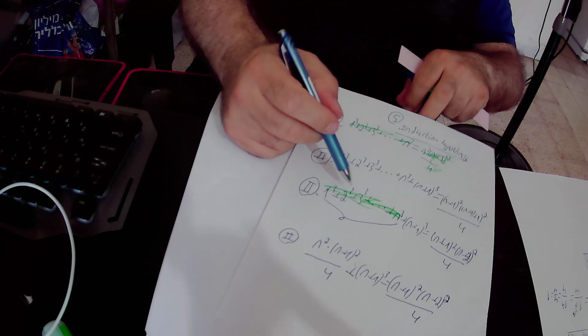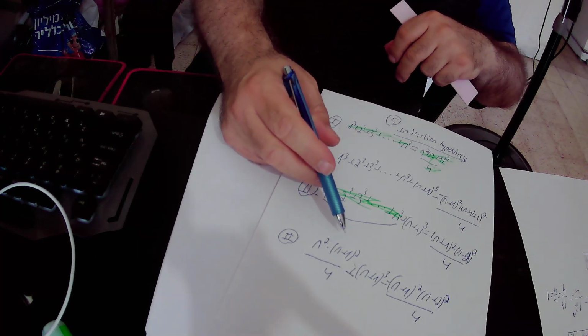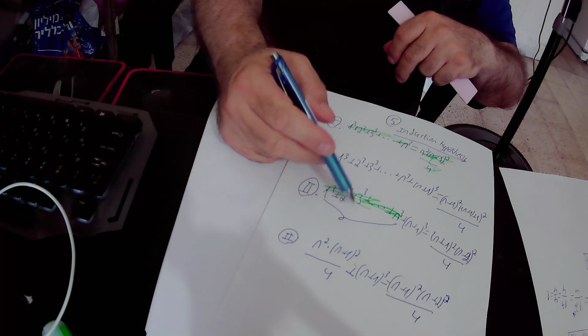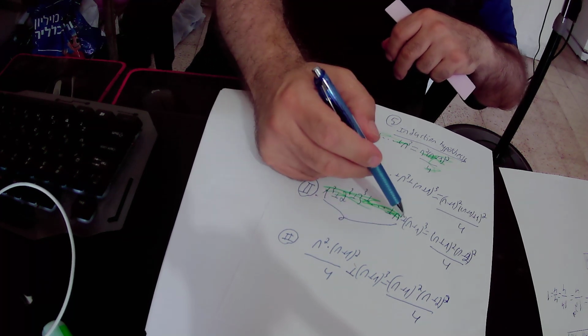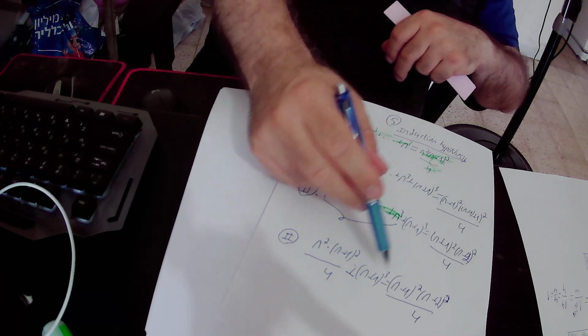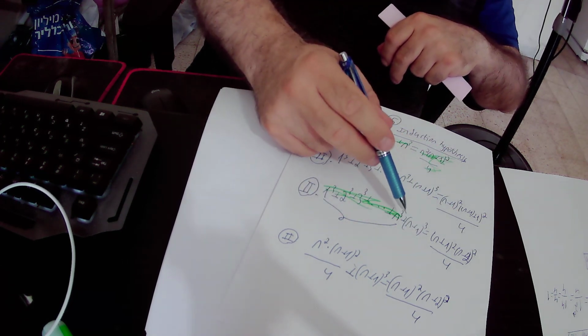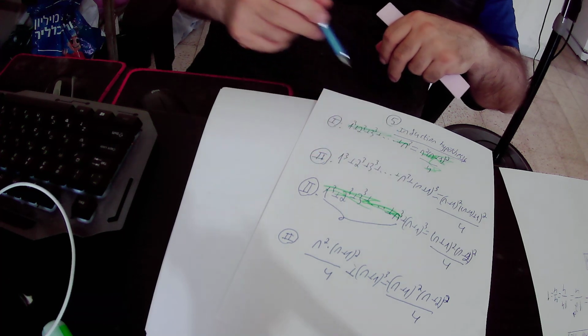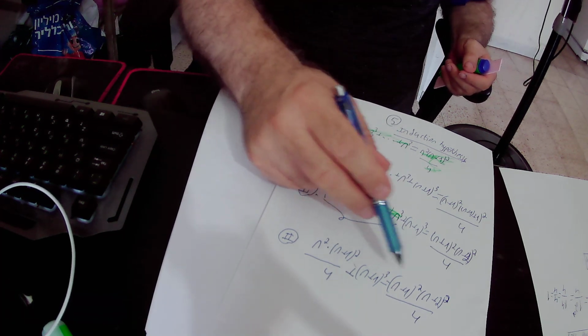Okay, so we substituted this expression by n squared times n plus 1 squared divided by 4 because they are equal to each other, and the other parts of this equation we copied as they are. We didn't change them. We copied them here.